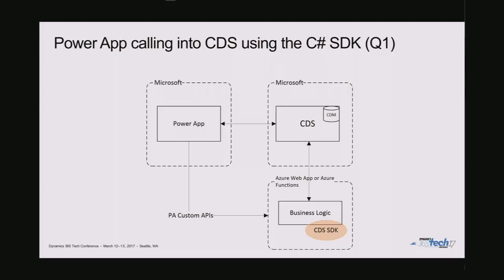What we wanted to add was the ability to add complex business logic that you can't really do very easily with Power Apps. So we've added the ability to have this extra piece of code that's written against CDS, and it could be hosted in Azure Functions or any other technology that can host an API, and Power Apps can make a call into that to perform that business logic.